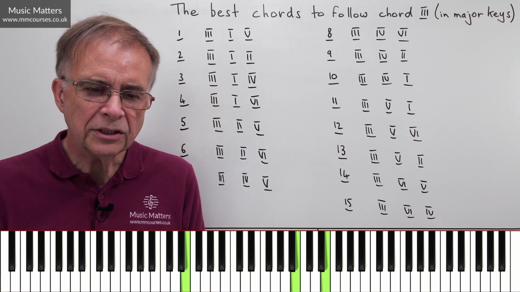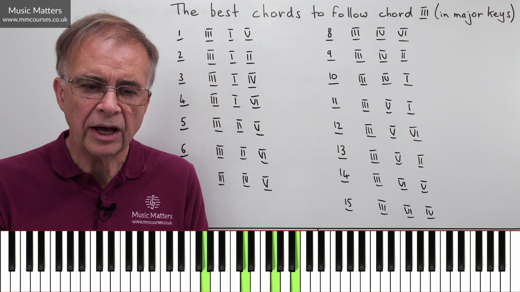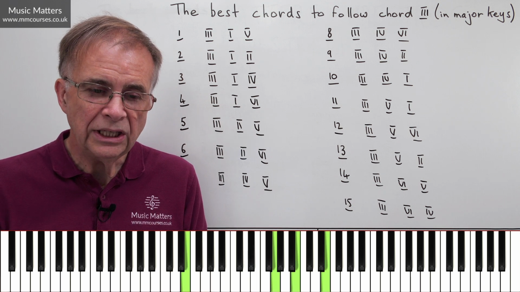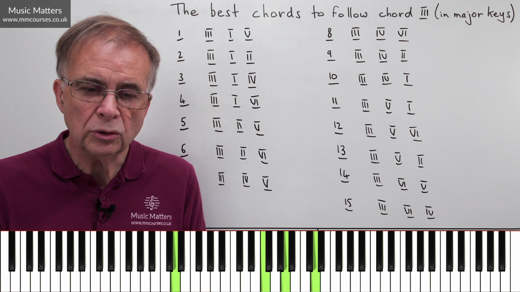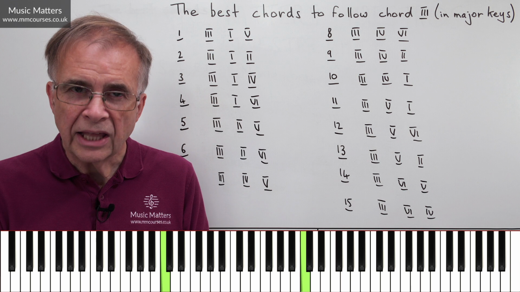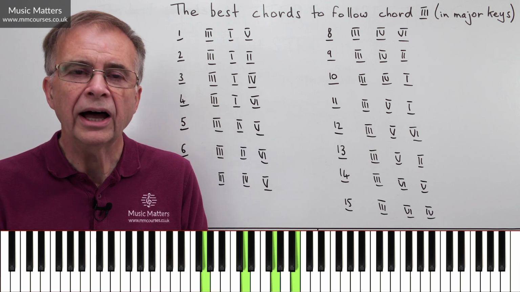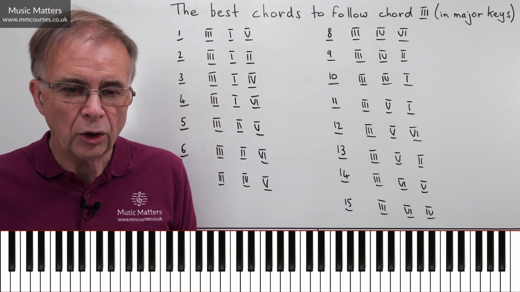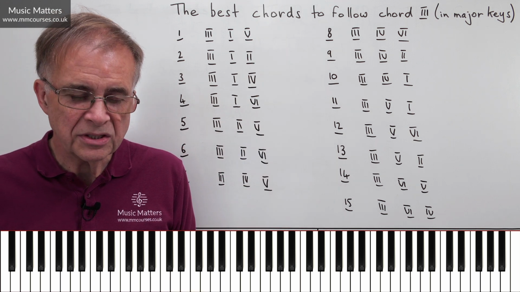So 3 to 4 to 2 to 5 to 1 is quite a nice way of doing it, isn't it? Or 3 to 4 to 2 to 3 to 1. Then 2, then 5. You see, some of these work even better in a slightly bigger context. So those are some options there.